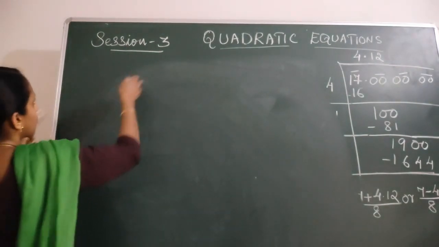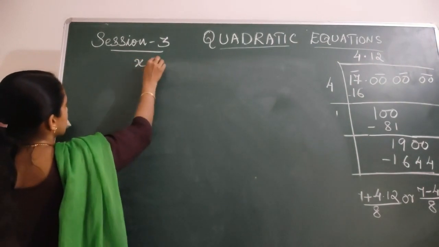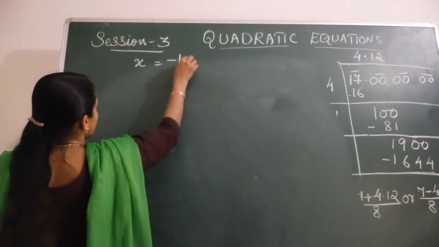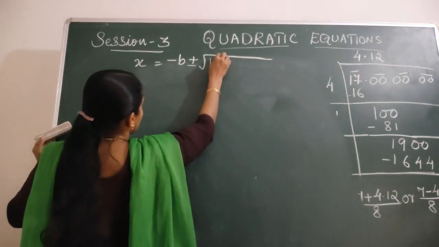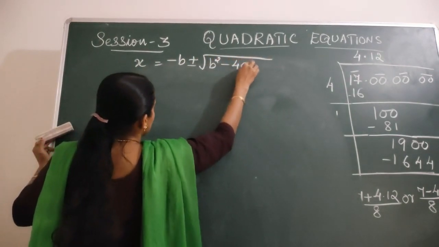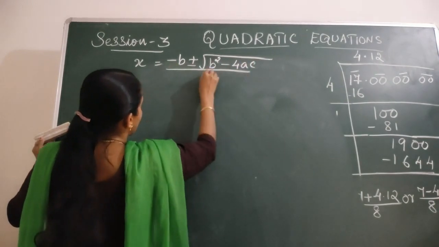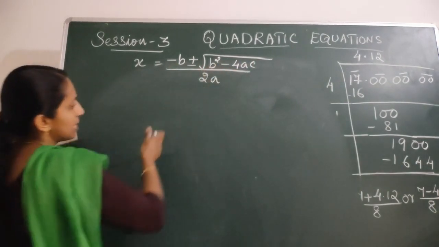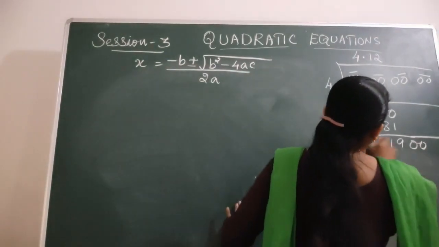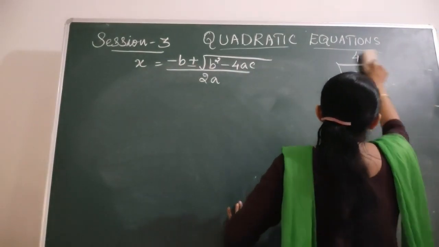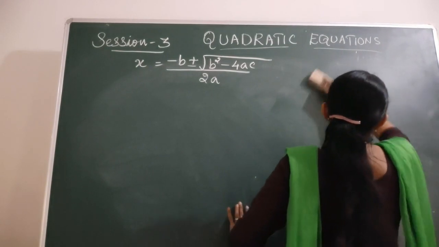The value of x is given by x is equal to minus b plus or minus under root b square minus 4ac upon 2a, where a, b, c are our constant values. And we will find out the standard form of the equation first.